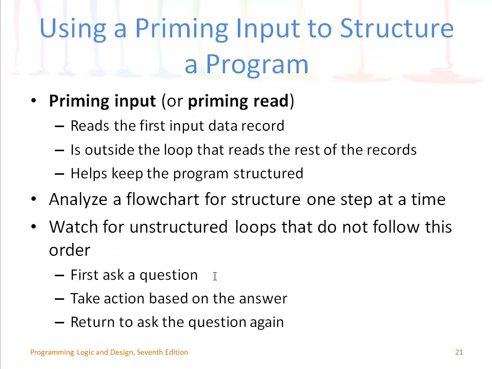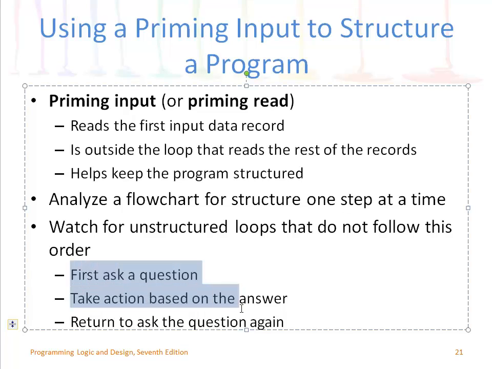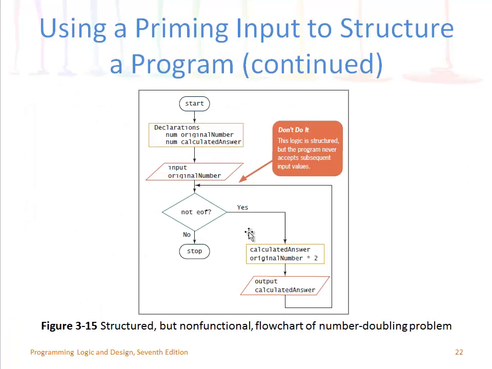The problem then with a loop is we often need a priming read, and this is where you can often get an unstructured bit of code, if they do not follow the proper order. So let's take a look at what that would look like. Here is a structured but non-functional flowchart of a number doubling program.